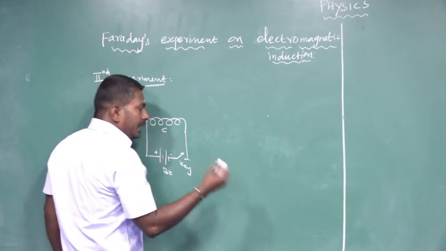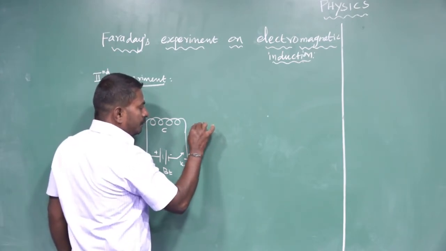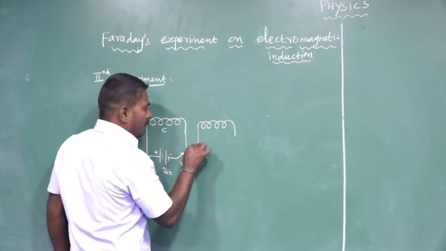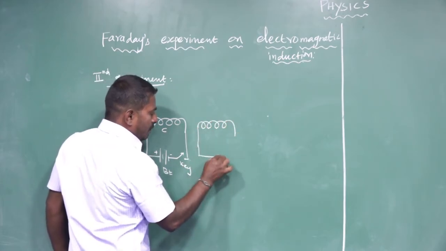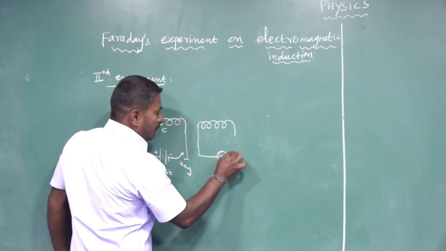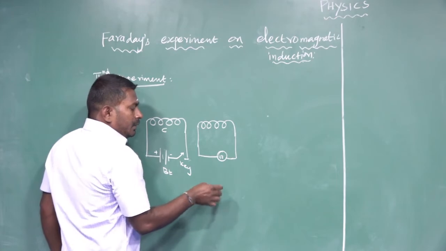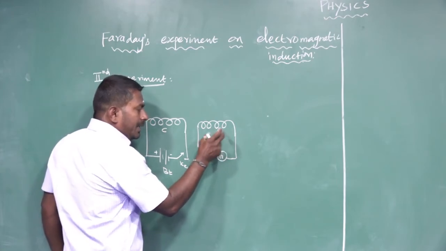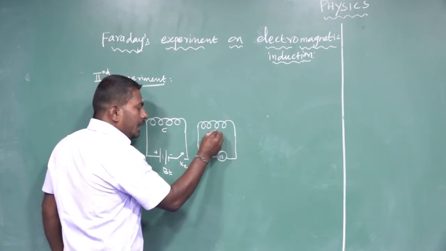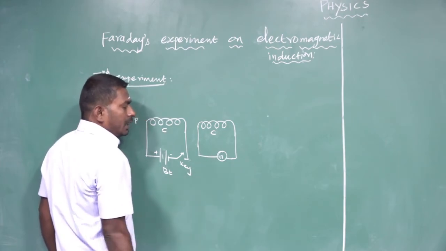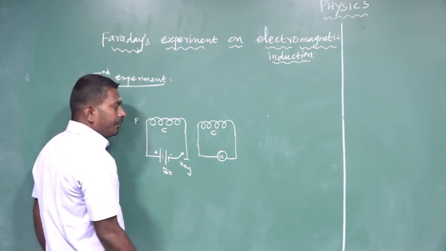Next, we consider another closed circuit. This closed circuit consists of a thin insulated coil of wire and a sensitive galvanometer connected in series.